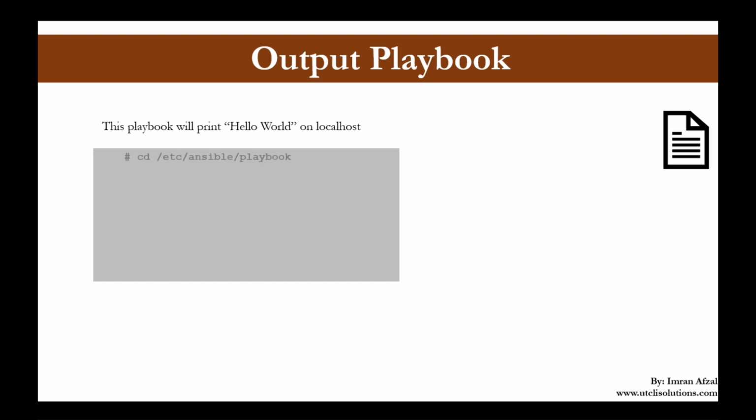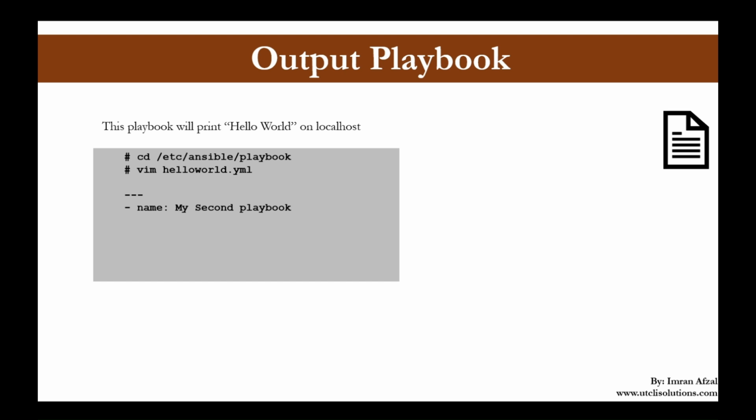So the very first thing we'll do is go into our /etc/ansible/playbooks directory and create a new file called helloworld.yaml. We'll use the Vim editor. Once we are inside of the Vim editor, we'll define --- (dash dash dash), which identifies that it's a YAML file.